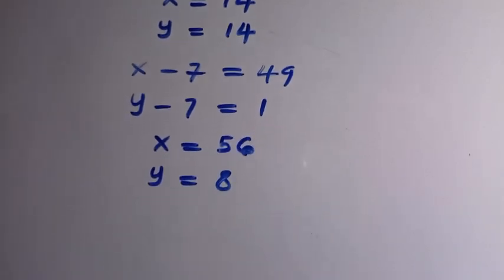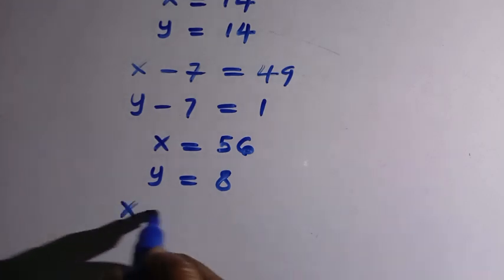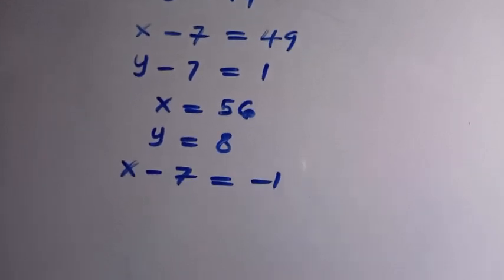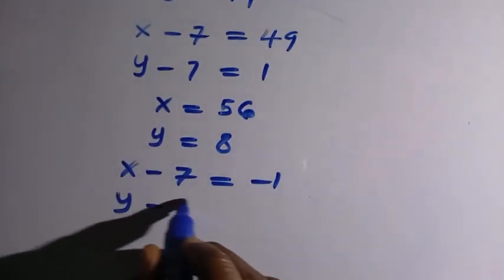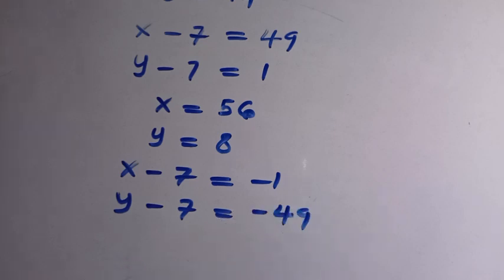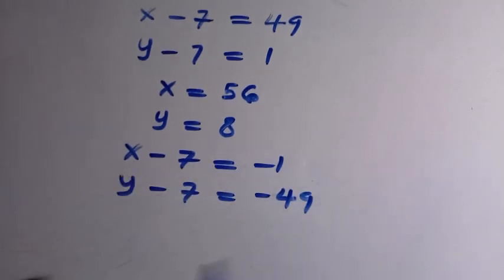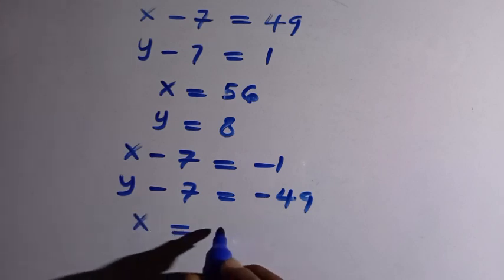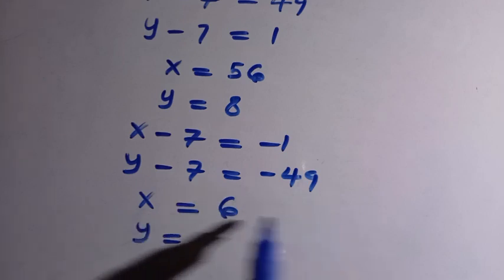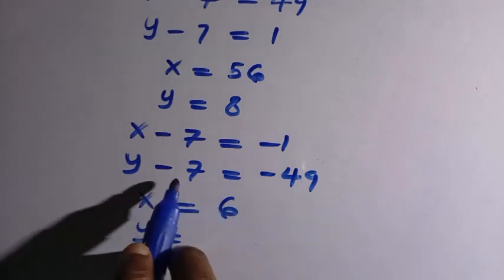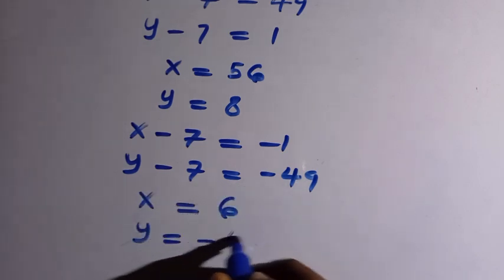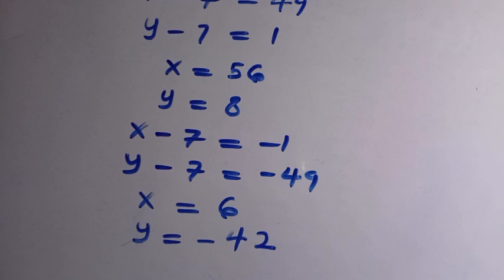Then for the other part, x minus 7 equals minus 1 and y minus 7 equals minus 49. Taking the 7 to the other side, the value of x equals 6, and the value of y equals negative 42.